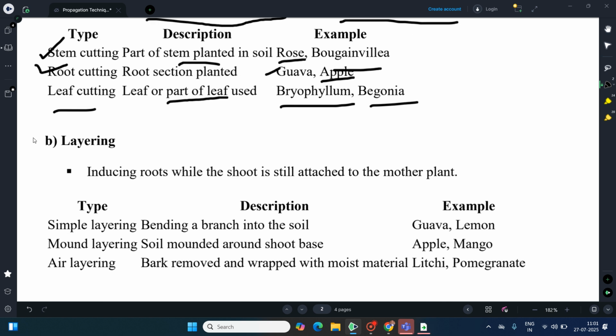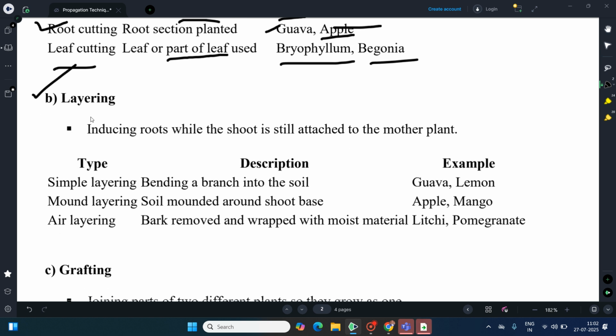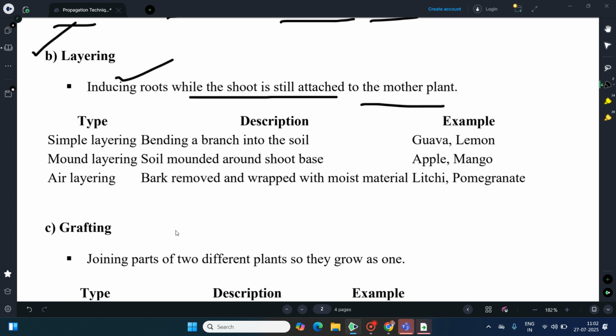The next vegetative method is layering. Layering induces roots while the shoot is still attached to the mother plant. There are again three types. Simple layering is the bending of a branch into the soil, and examples are guava and lemon.